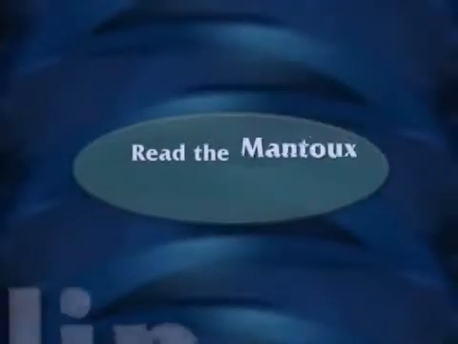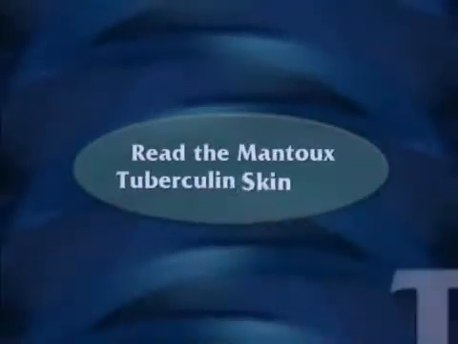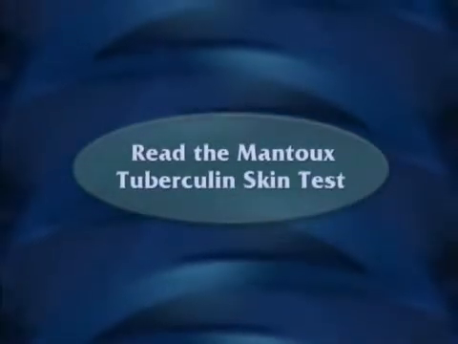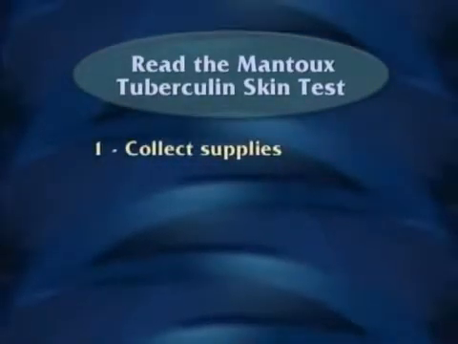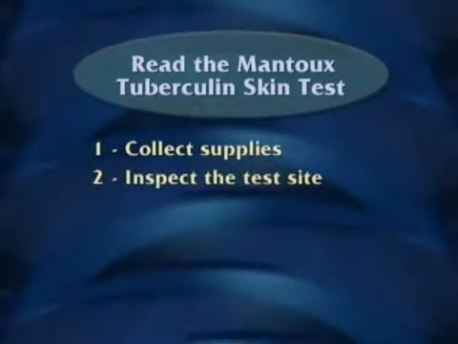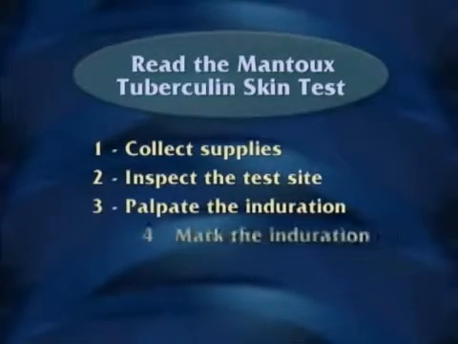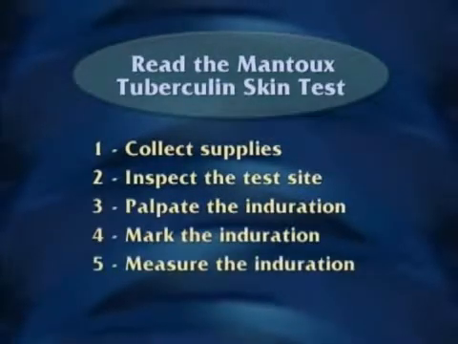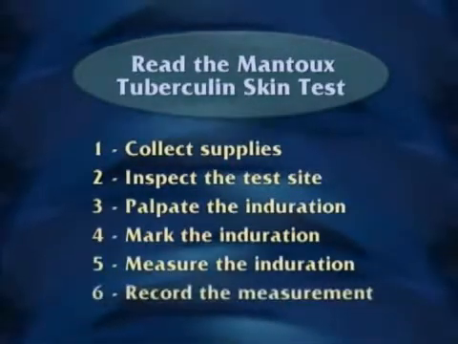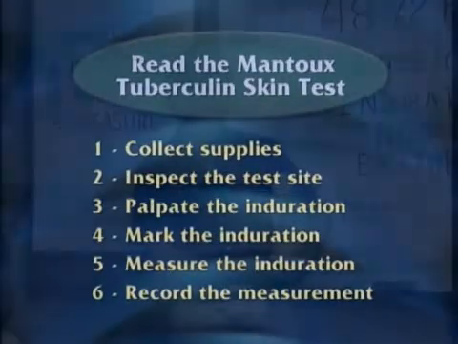The last part of the procedure is to read the Mantoux tuberculin skin test. The method demonstrated in this videotape is based on the palpation method. The steps include collecting supplies, inspecting the site, palpating, marking, and measuring the induration, and recording the measurement.